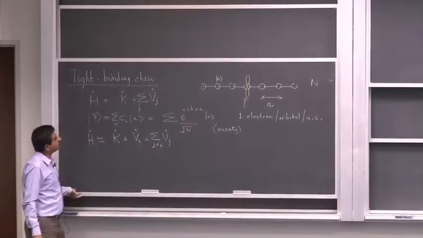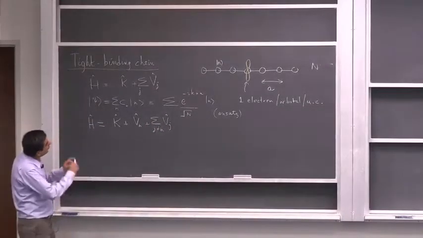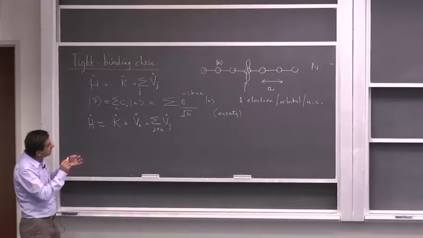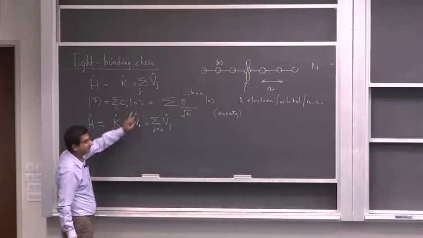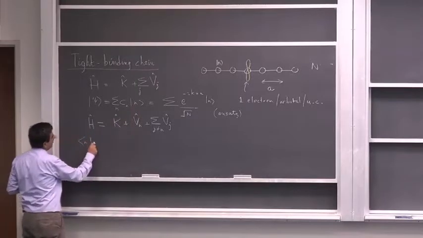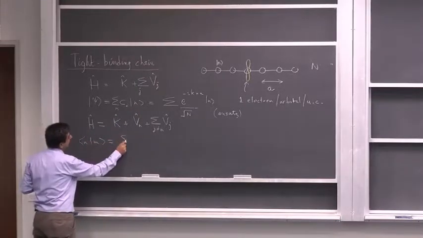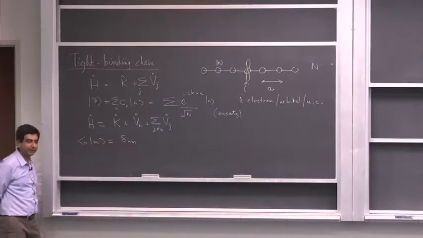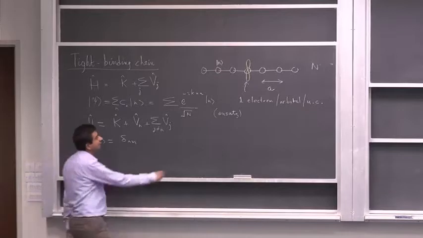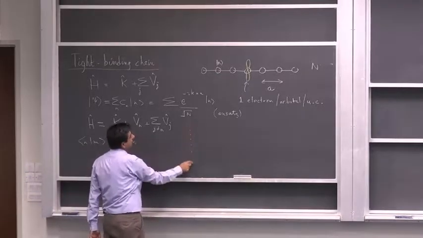Now, we would also like to assume that all the tight binding atomic orbitals, which are the |n>'s, are orthogonal. Alright. So now we would like to solve the Schrödinger equation.